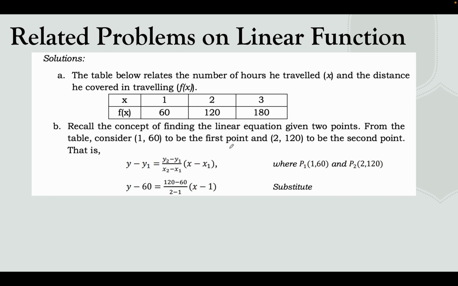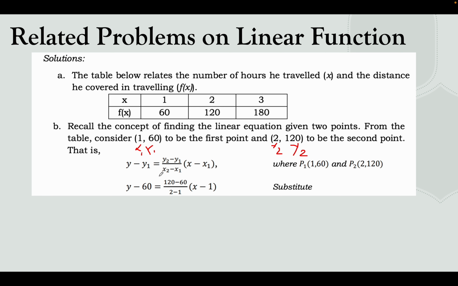You will substitute these in your linear equation given 2 points, which is y minus y sub 1 equals y sub 2 minus y sub 1 over x sub 2 minus x sub 1 times x minus x sub 1. So 1 is your x sub 1, 60 is your y sub 1, 2 is your x sub 2, and 120 is your y sub 2.